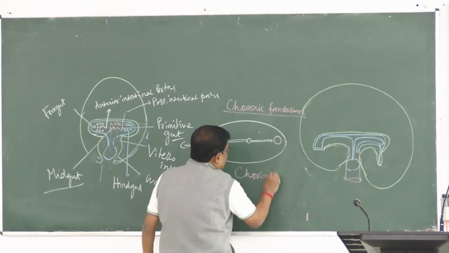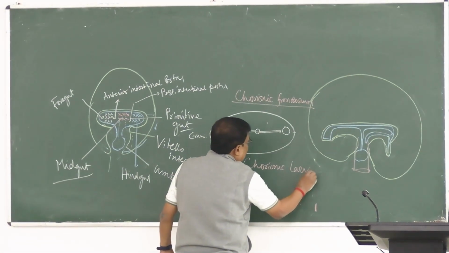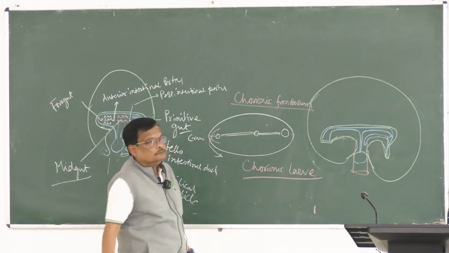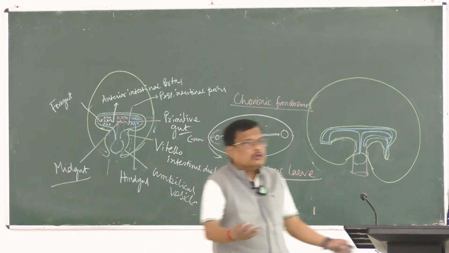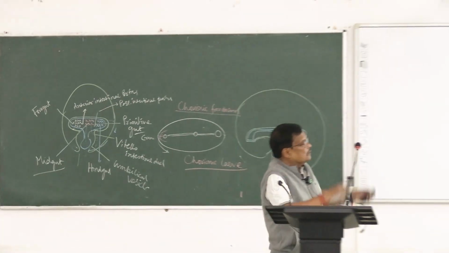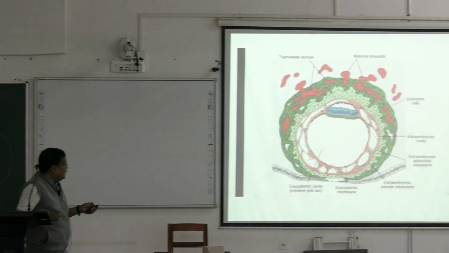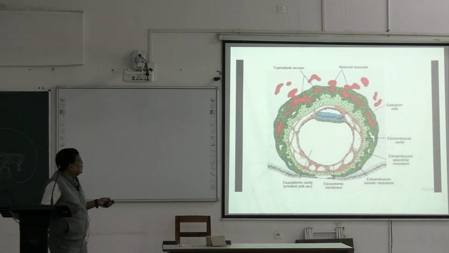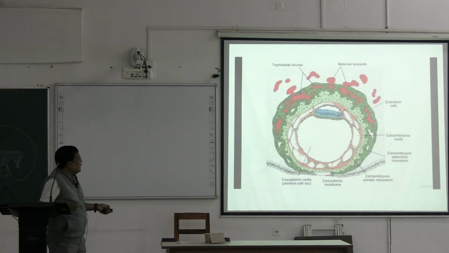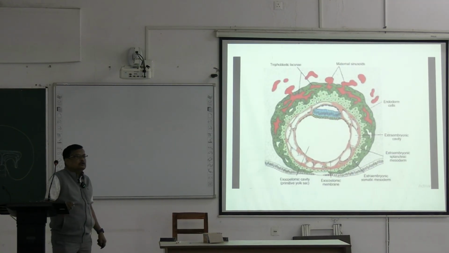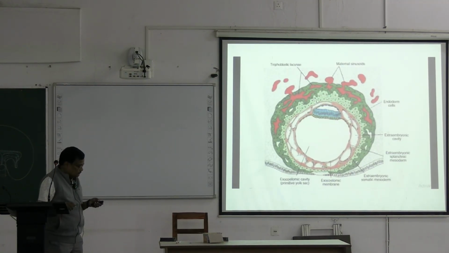আবার আসবো আমি, কারণ দরকার নেই, এমব্রিও তো ওদিকে আছে। সো হিয়ার দ্য চেঞ্জেস অকার মেইনলি হিয়ার, উই কল ইট কোরিয়নিক ফ্রন্ডোসাম, এবং এখানে উই কল দ্য কোরিয়নিক লিভি, রাইট?